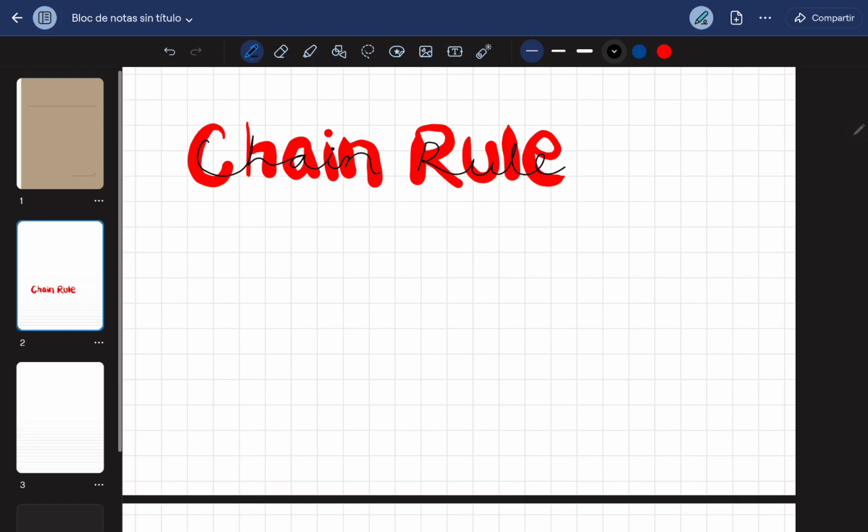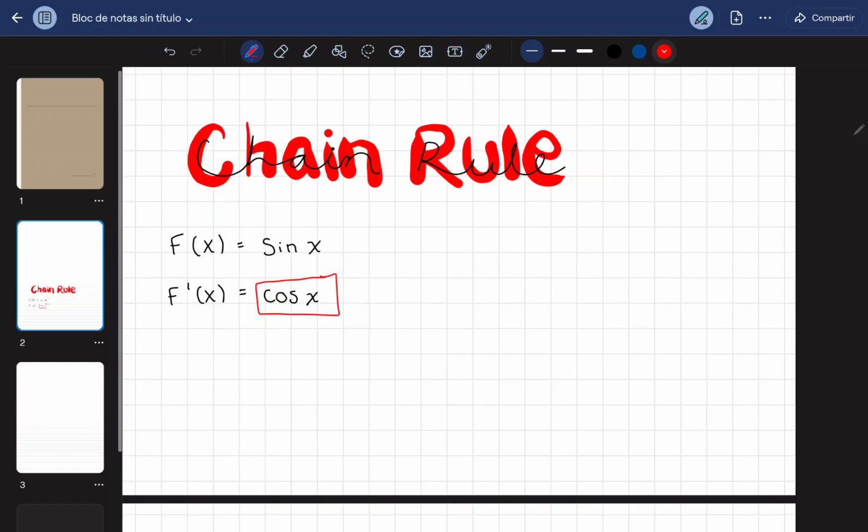For example, f of x equals sine of x. So we have seen these formulas and we have seen this kind of functions, and we say that the derivative of sine is cosine, right? And this will be the answer.